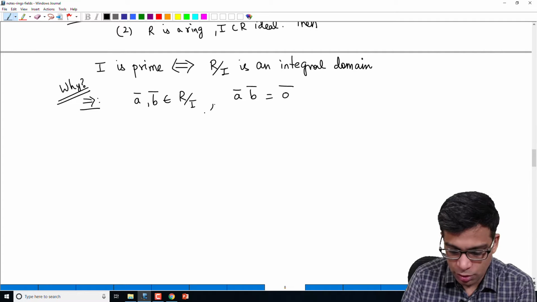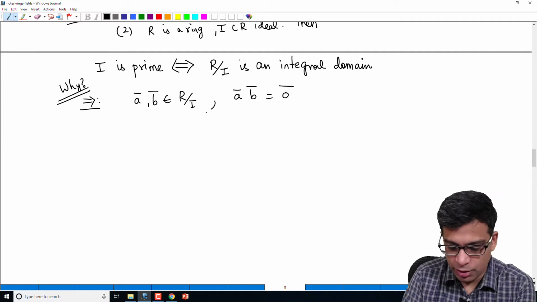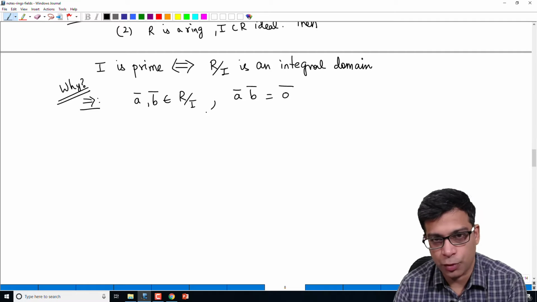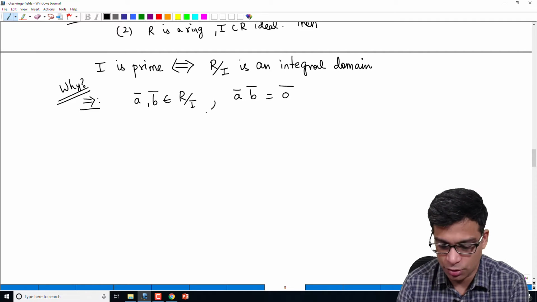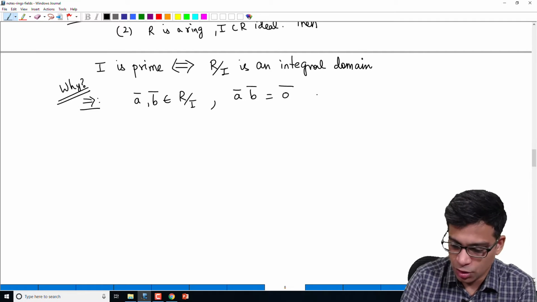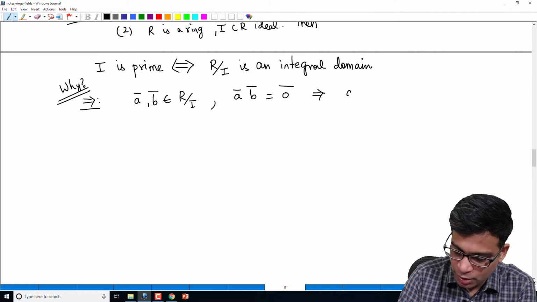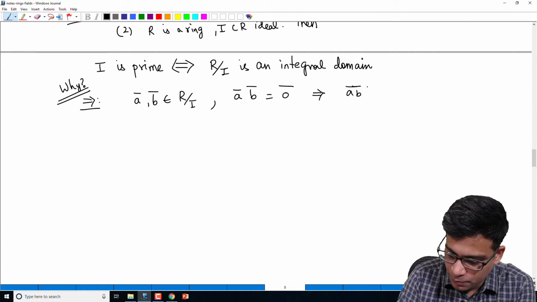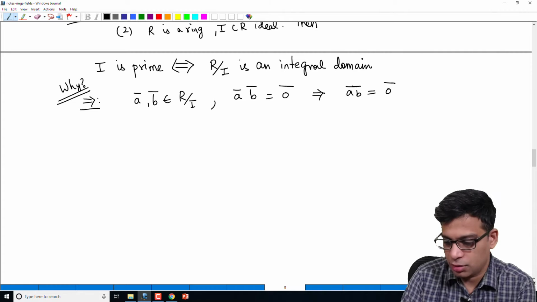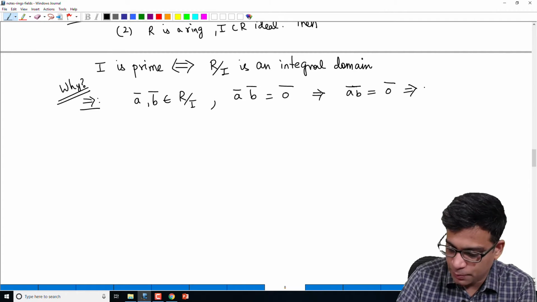Remember, in order to verify that a ring is an integral domain, we have to check that the product of two things being 0 implies one of them is 0. So I'm taking two things whose product is 0. But remember, A bar B bar is just the bar of AB.